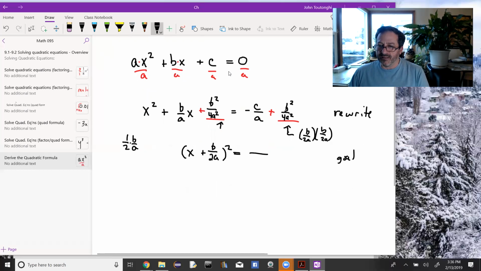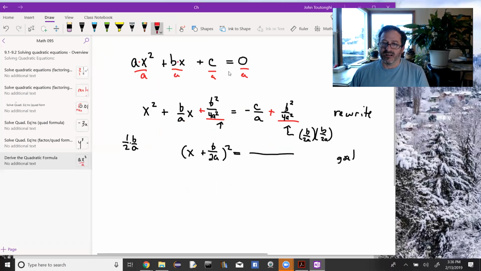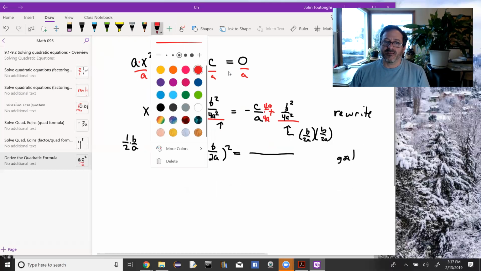Now, I have these fractions, and on the right-hand side of this equation, the left-hand side is done, it's my completed square. On the right, I'd like to get these to have a common denominator, which would be 4a squared. So I have to multiply this first fraction by 4a over 4a. And then both those fractions have a denominator of 4a squared.